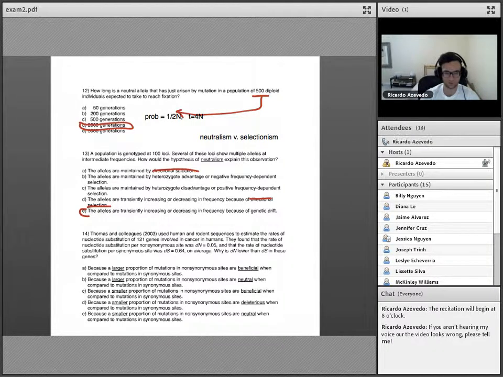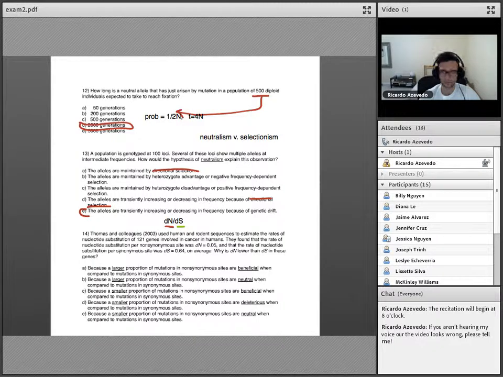You probably remember the dN to dS ratio, the rate of change of non-synonymous substitutions, which would potentially have effects on fitness. In the case of dS, these are synonymous substitutions, so they should have no effect whatsoever.